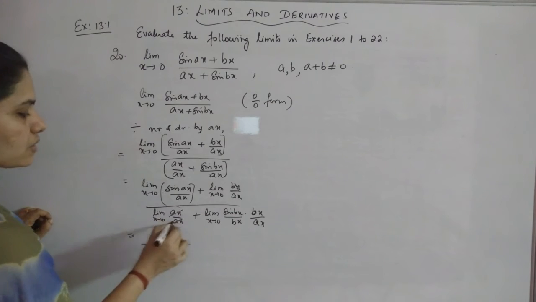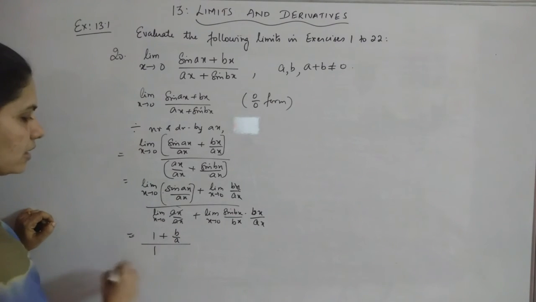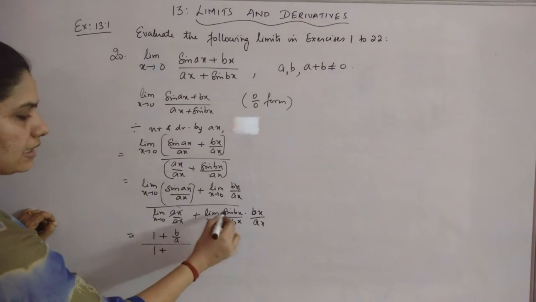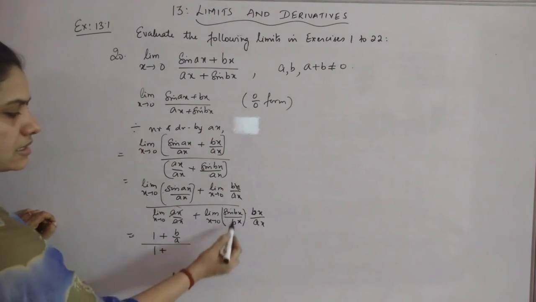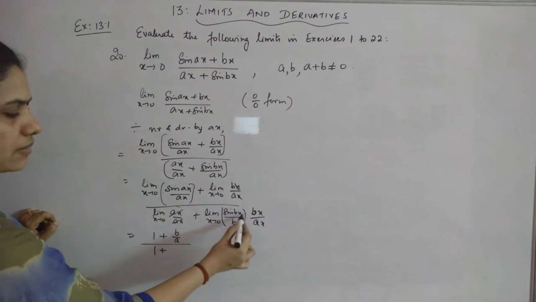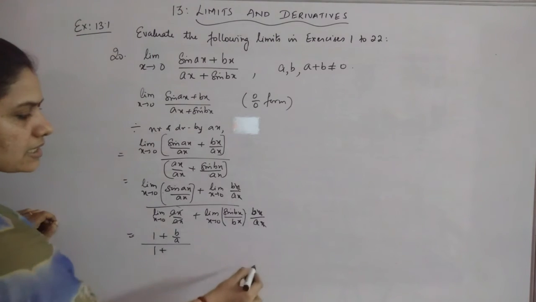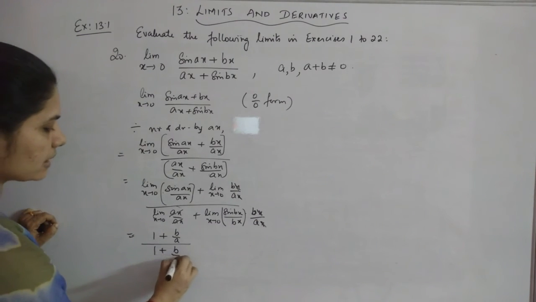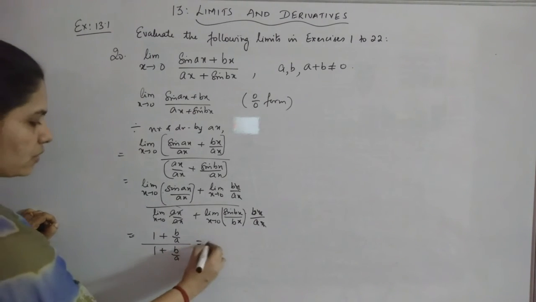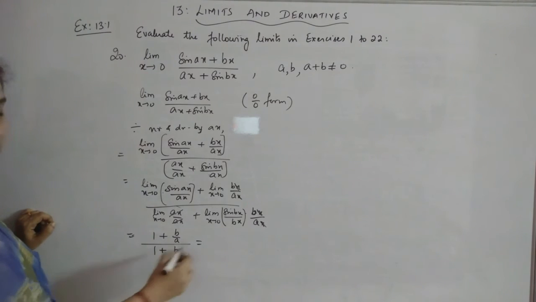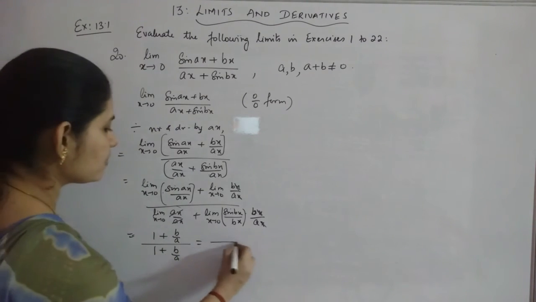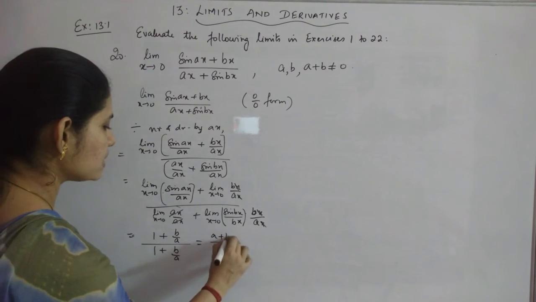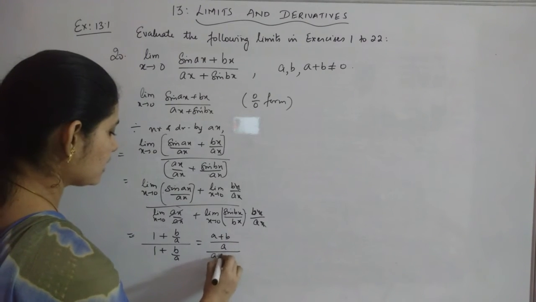Here again x gets cancelled, that means it is 1 plus, here again limit x tends to 0 sin bx by bx is 1, here again x gets cancelled, so here again you will get b by a as the term. So now either I can just cancel and write it as 1, or else if I am taking LCM, what will happen is a plus b here you will get, and here you will again get a plus b by a.